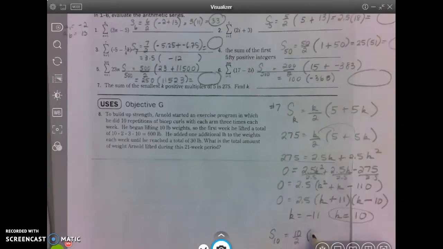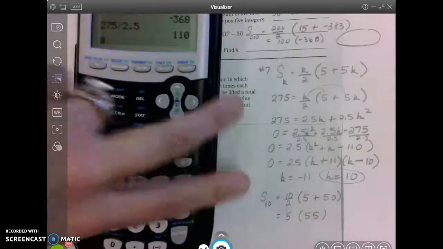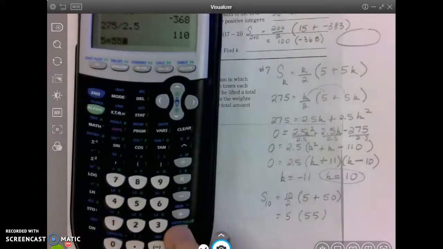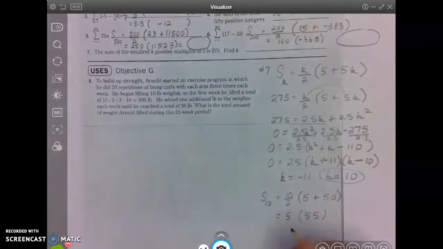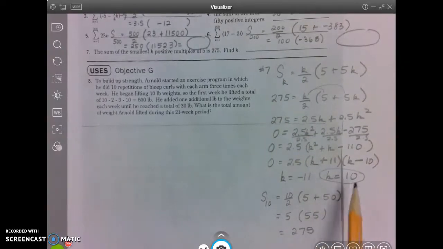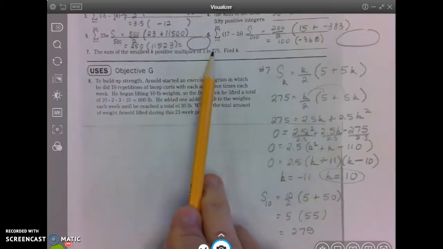The first multiple of 5 is 5. The 10th multiple of 5 is 50. So I end up with 5 times 55. And if I put that into my calculator, 5 times 55, I get 275, which is what I wanted. I wanted the first 10 multiples to equal 275.